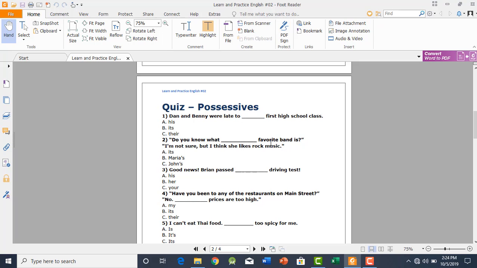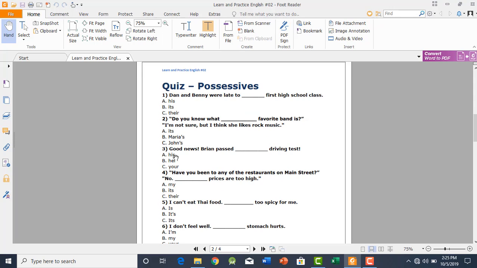Do you know what dash favorite band is? I am not sure, but I think she likes rock music. If we look at the first sentence of this question, there is no hint for us to guess the possessive word. But if we look at the second sentence, there is she, which basically refers to a girl or a woman. So in the given options, the correct option is B for this particular MCQ.